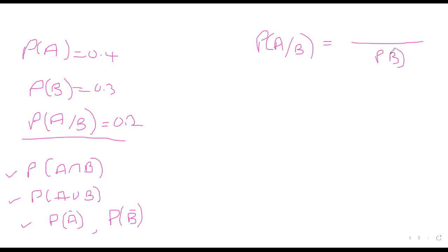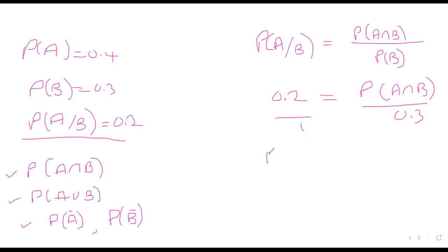The probability of B. And on top, we have the probability of A and B. We're given A given B as 0.2, the intersection is what we're looking for, and we're given the probability of B as 0.3. So A intersection B is 0.2 times 0.3, which gives 0.06.